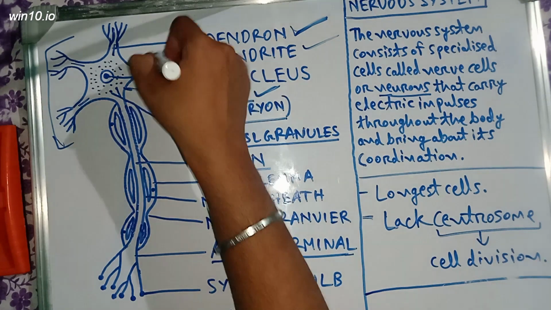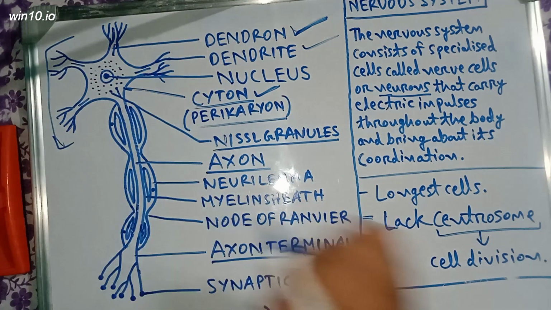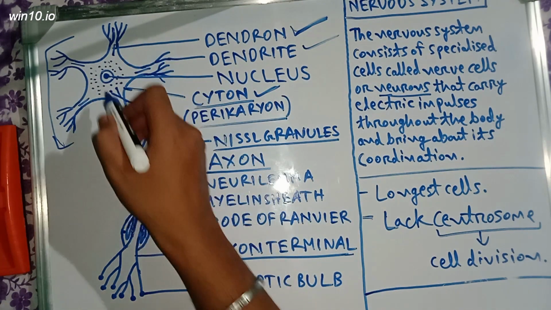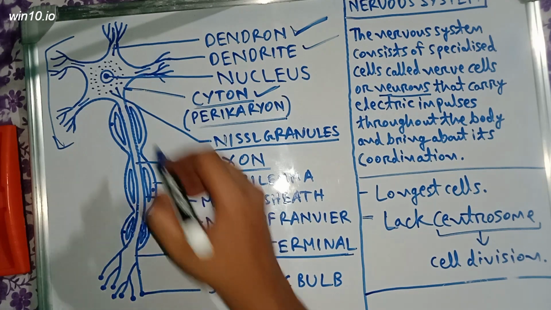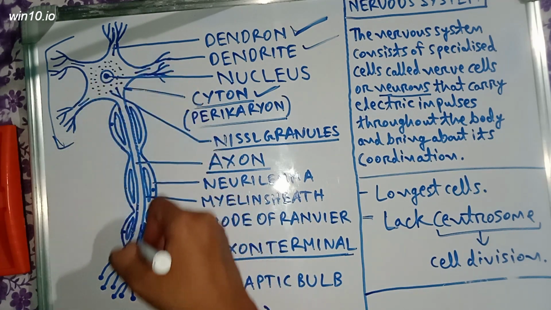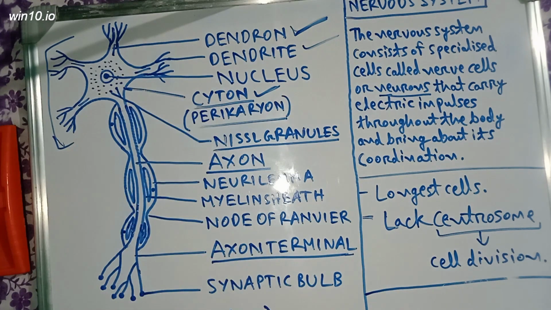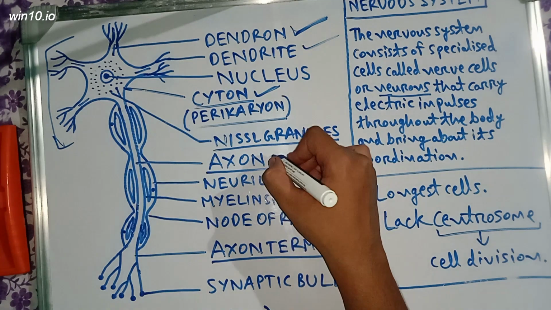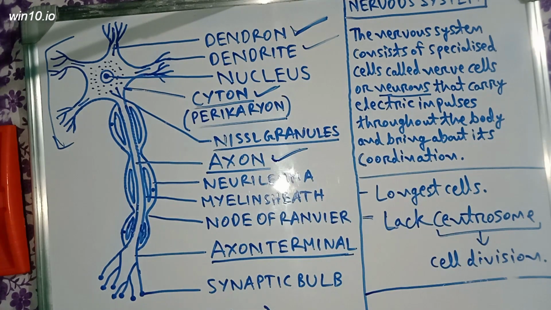These root-like structures are known as the dendrites. Now from this cell body or the cyton, a long wire-like structure emerges. This wire-like structure is known as the axon.